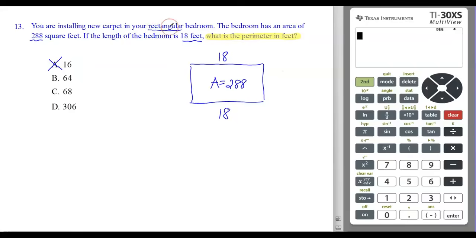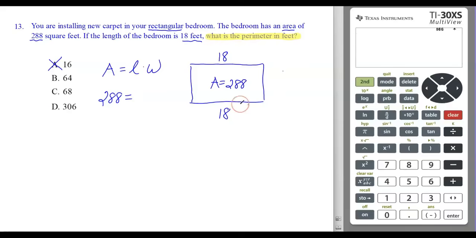And we're dealing with a rectangle and area here. So on your formula sheet, you'll need to find the area of a rectangle, which is as follows. Area equals length times width. And I just plug these numbers in. So the area is 288. Replace area with 288.